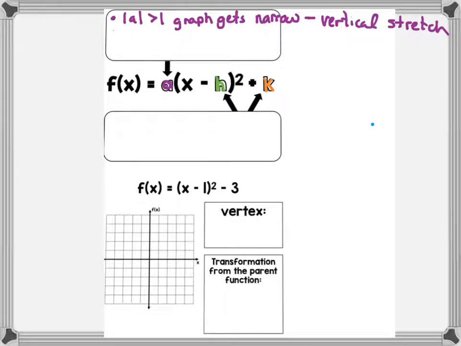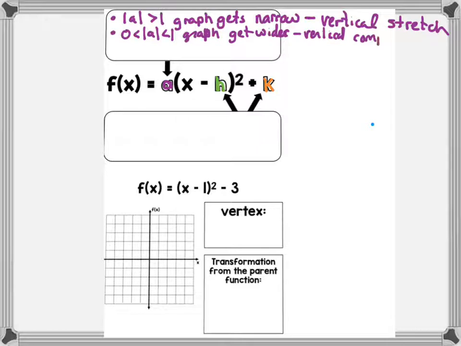If your A, the absolute value of it again, is between 0 and 1, the graph gets wider. This is called a vertical compression.